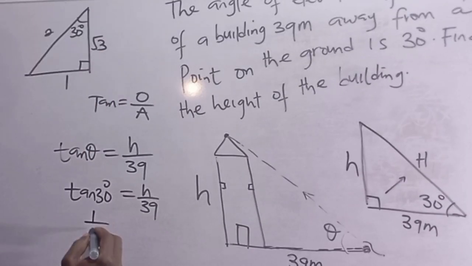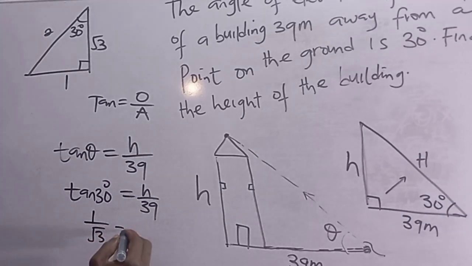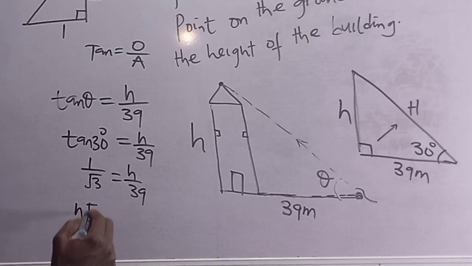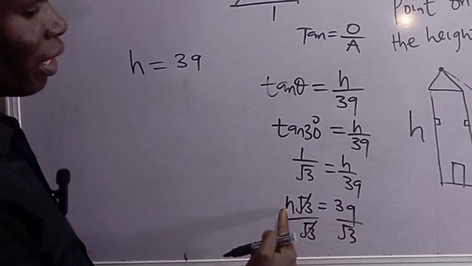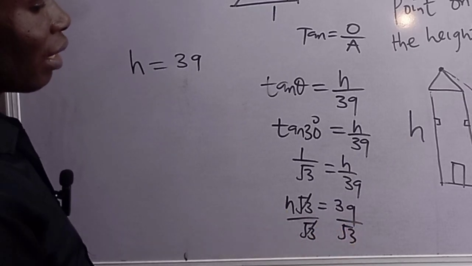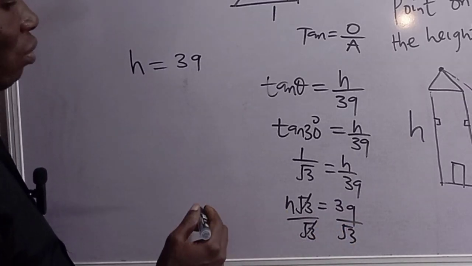So here we have 1 over root 3 is equal to h all over 39. h root 3 is equal to 39, dividing both sides by root 3. The value of h is given by 39 all over root 3.